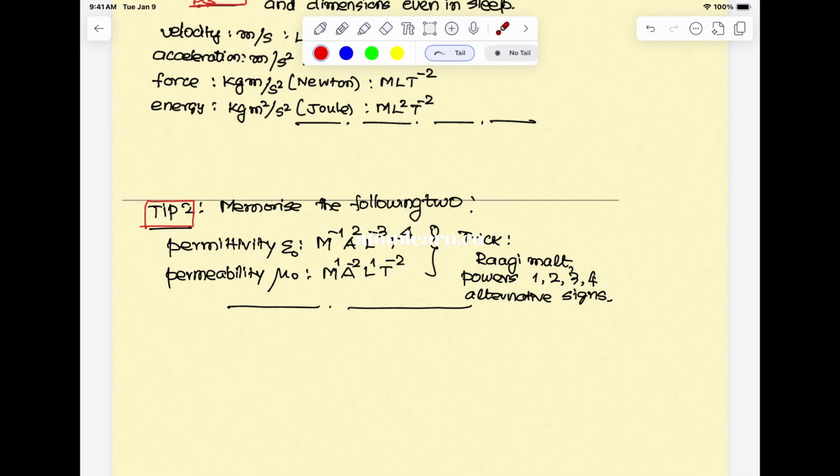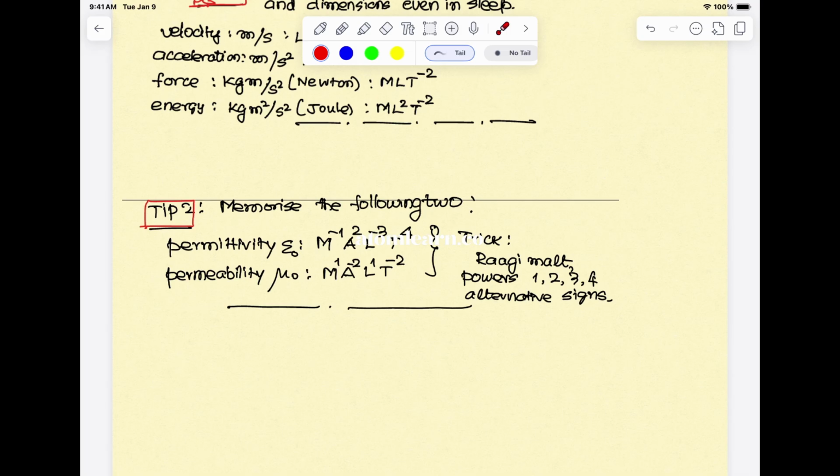Practice this, because these two will come very often, and there is no point wasting time trying to derive these dimensions in the exam hall. If you can remember it, you can very easily memorize it, especially with the mnemonic trick which I am now suggesting.